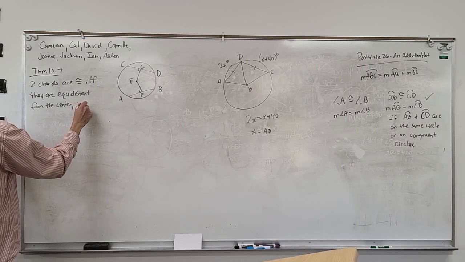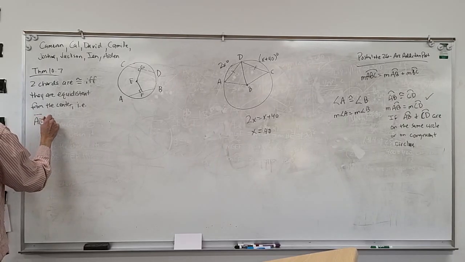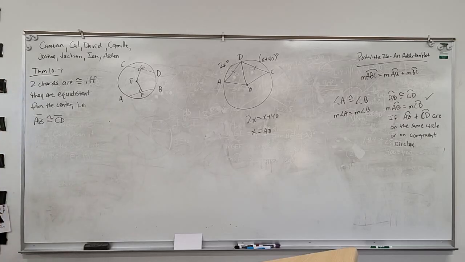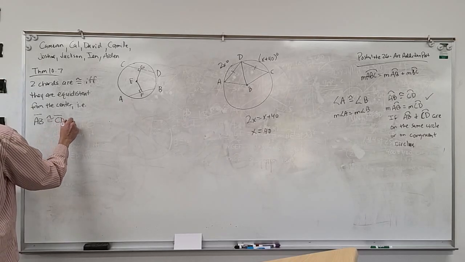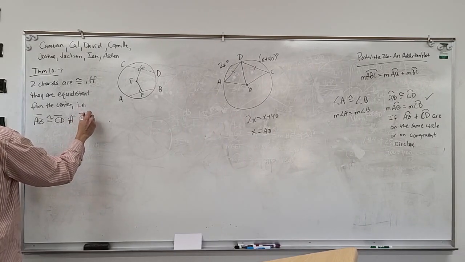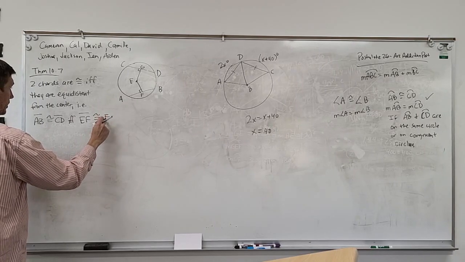In other words, in our drawing, line segment AB is congruent with line segment CD if and only if line segment EF is congruent with line segment EG.